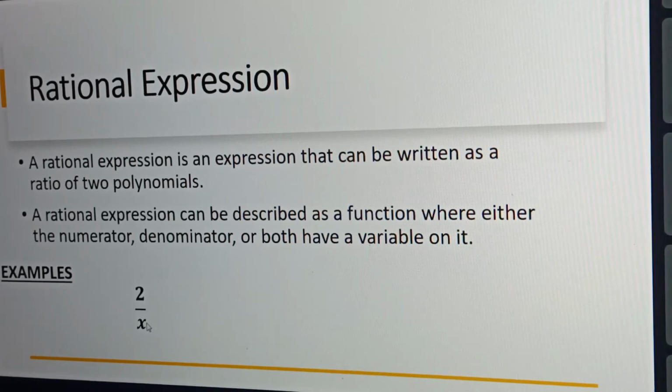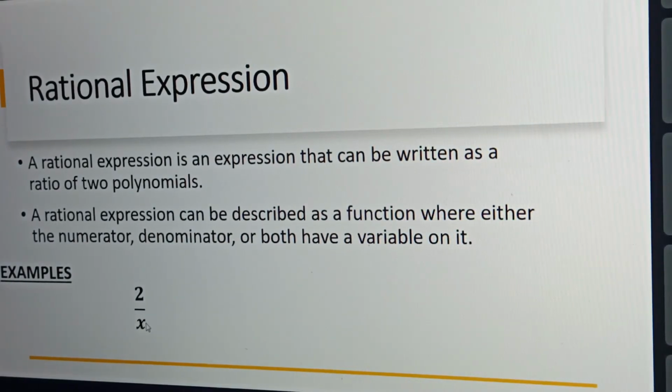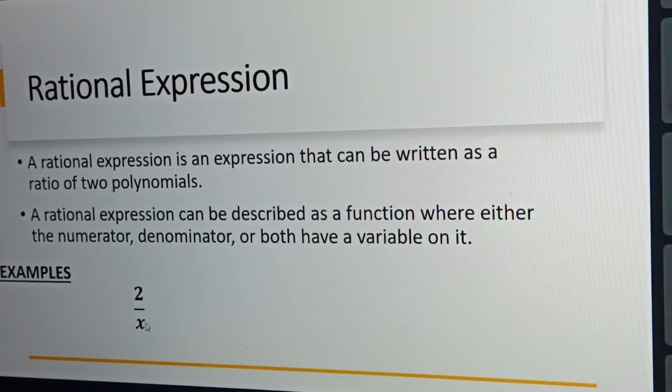Okay, kapag sinabi naman natin binomial, from the word itself, bi, ibig sabihin 2 terms. Trinomial, ibig sabihin 3 terms. Okay, so dito kay 2 over x, wala naman kayo nakikitang negative exponent and wala rin kayo nakikitang radical sign. Therefore, this is an example of a rational expression.